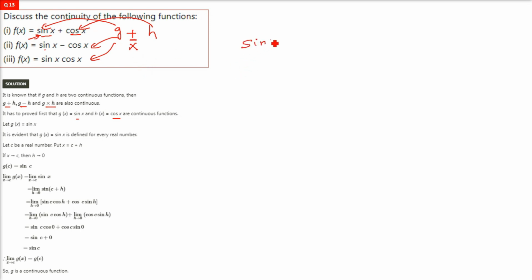So first we have to show that sin x is continuous. So this g of x is our sin x, we assume it to be sin x. And since sin x is defined for every real number, let us take any value c or k, whichever you want. So at this point c, let's check whether it is continuous or not. So what we do here is, we are taking c as constant and you just say that x is approaching c.